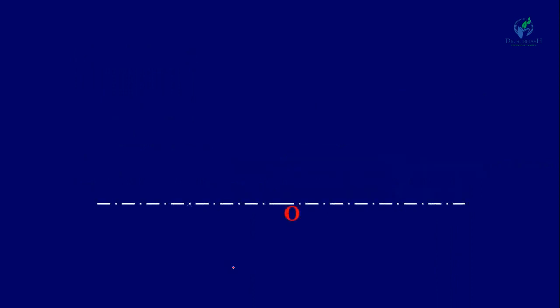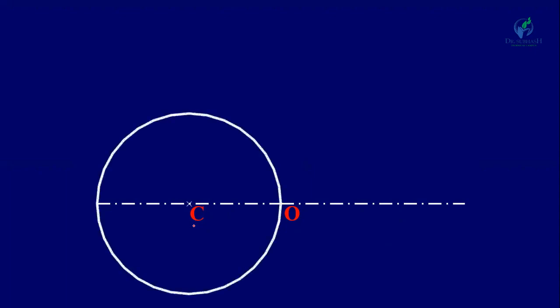Here this O is the center, and another point C will be here. So this is the rolling circle, and the diameter of this directing circle is double this rolling circle.